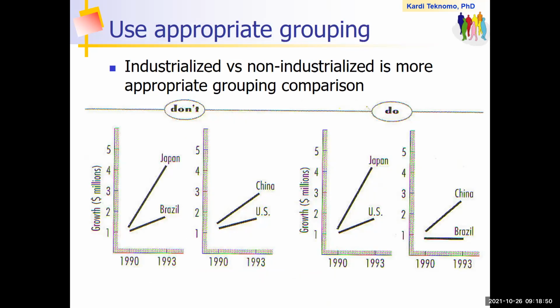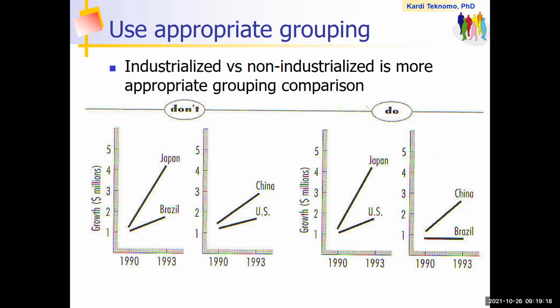And next, which ones you will group together? That depends on the meaning. So in this example in 1990s, if you want to compare China and US in 1990s, that is not correct, because at that time China was not a giant yet, right?